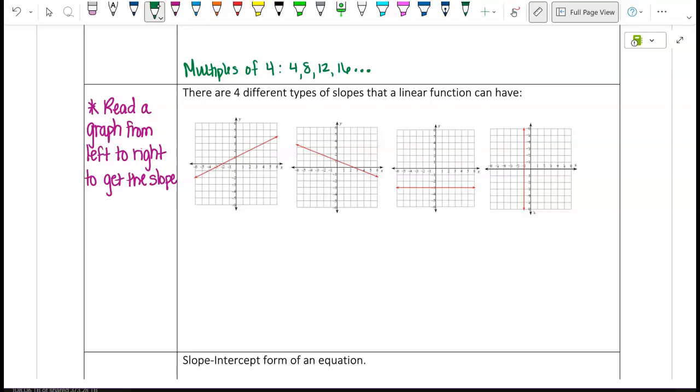So the first one here, as we go from left to right, it's going up. So we would say that this one is increasing, which means it has a positive slope.